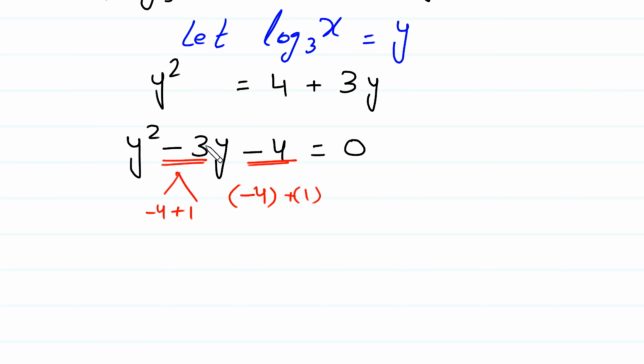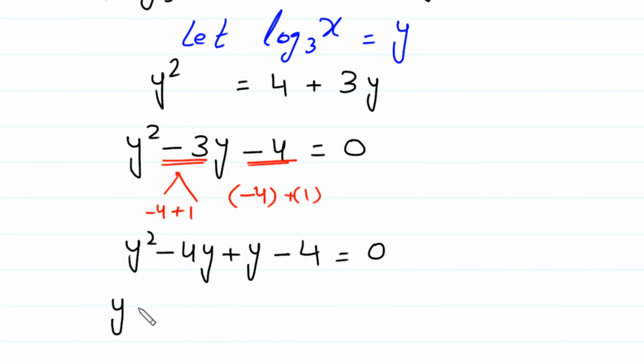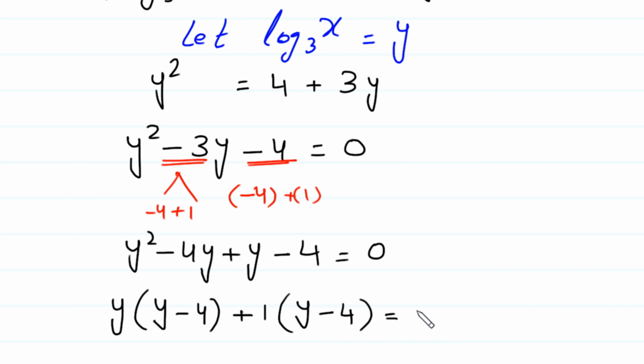negative 3. So we can write this equation as y square minus 4y plus y minus 4 is equal to 0. From y square minus 4y we can take y as common, times, and in bracket left y minus 4, and from plus y and minus 4 we can take plus 1 as common, times, and in bracket left y minus 4 is equal to 0.